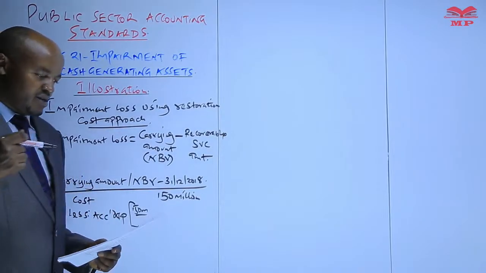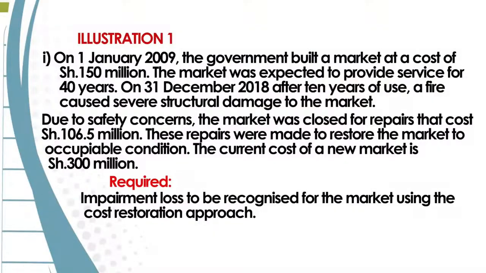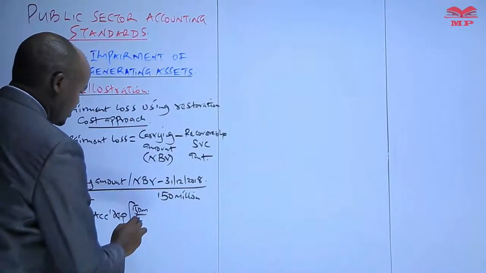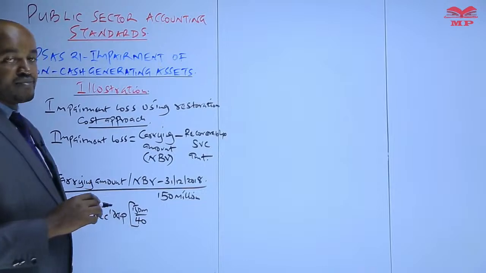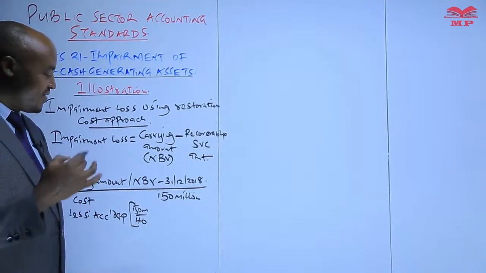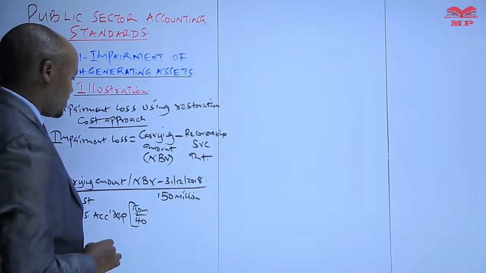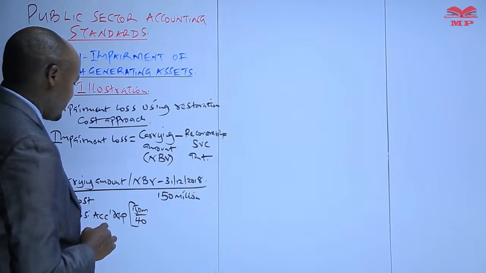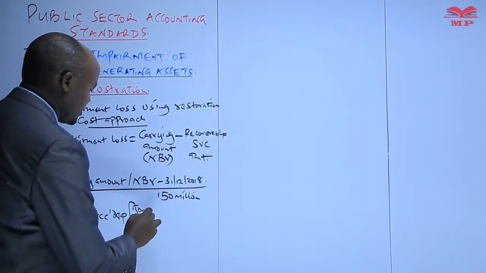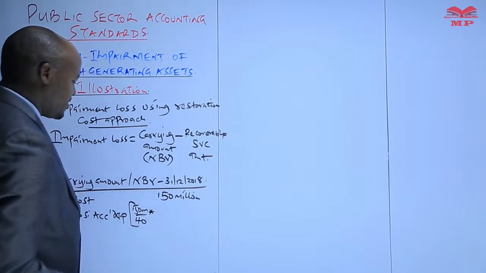And in sentence number 2, we are told that this market, which was constructed by the government, was expected to provide services for the next 40 years. So anytime you're given the expected useful life of an asset, you determine its depreciation using the straight line method. You take the cost divided by the expected useful life of that asset, and this will give us the depreciation per annum.